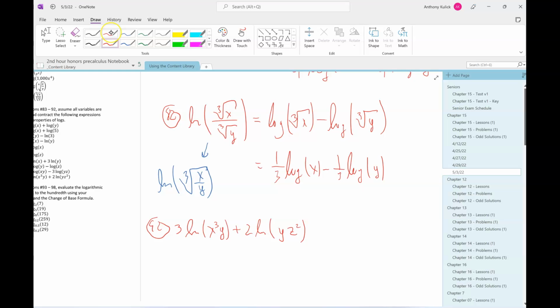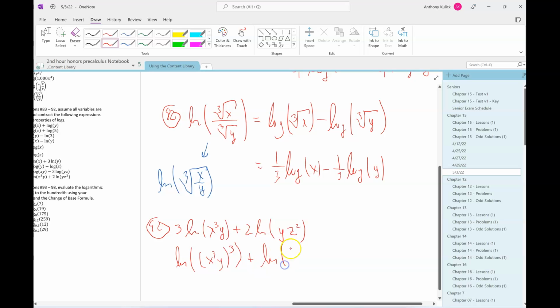What's the first thing you want to do here, Alex? Powers, yeah. So do we see power properties? Yeah. And here we have to be a little bit careful because I know the power property has to apply to everything inside the logarithm. So I'm going to use that extra set of parentheses there when I move them inside.